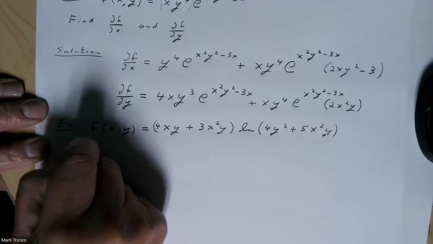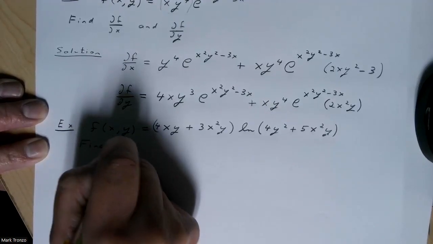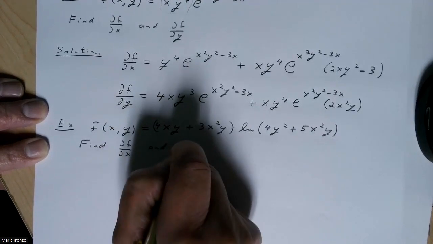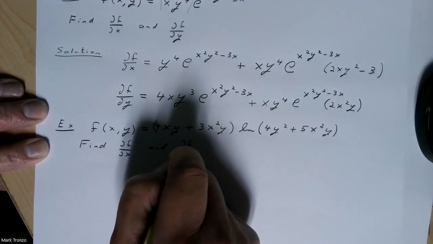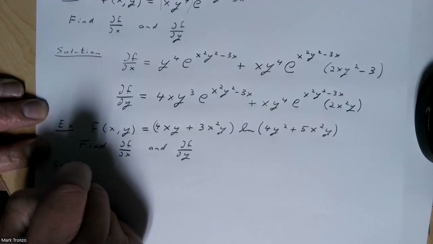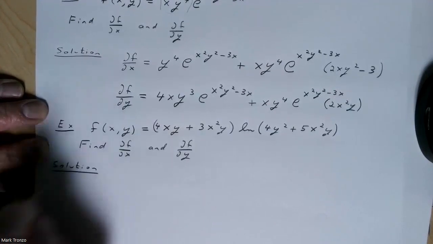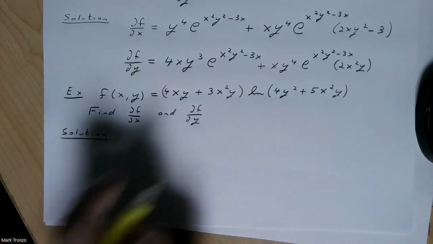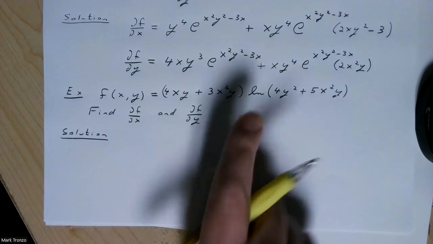We want to find df dx and df dy. So let's take a look at this one. Again, we have a product.